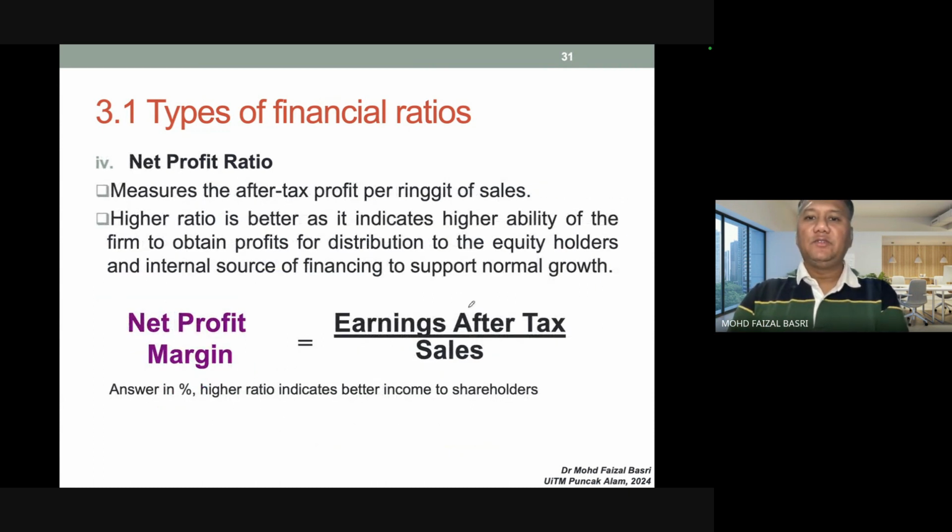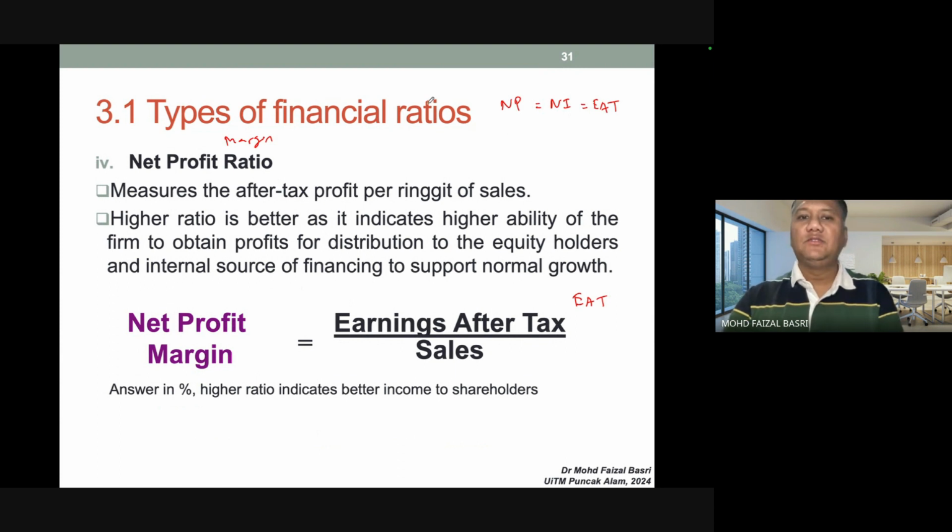The fourth one, net profit ratio, or net profit margin. Earlier we used the term margin, which is sales. Net profit is sometimes also known as earnings after tax, EAT. Just to put it in perspective again, net profit, NP, equals net income, equals earnings after tax.